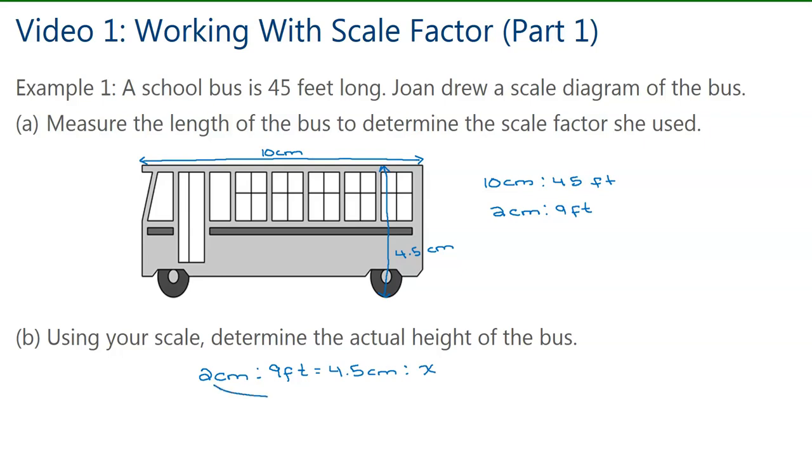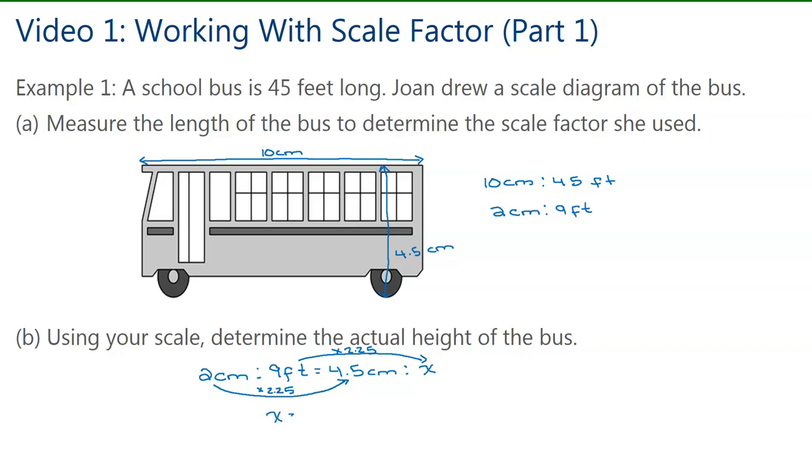Now we need to determine what 2 is going to be multiplied by to get us 4.5. And to do that, we can use a calculator and divide. 4.5 divided by 2 is 2.25. So if 2 was multiplied by 2.25 to get 4.5, in order to get x, we can just multiply 9 by 2.25.